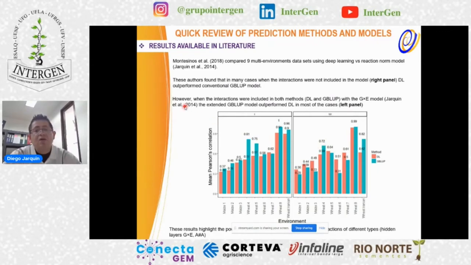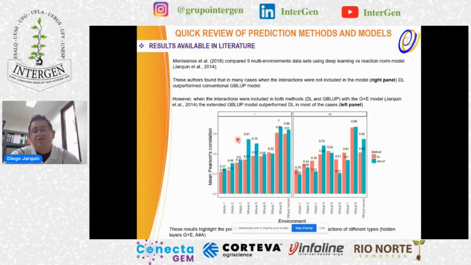relationships. However, when the interaction was included in both methods, deep learning and GBLUP using the relational model, the extended GBLUP model outperformed deep learning in most of the cases, in this case in the left panel. So we have here in red the results from the deep learning, in gray the results from the GBLUP. Here it is very clear that deep learning is better, here it is not that clear.